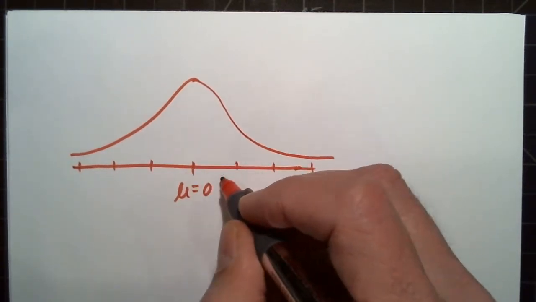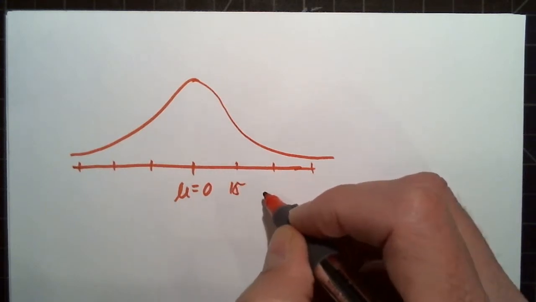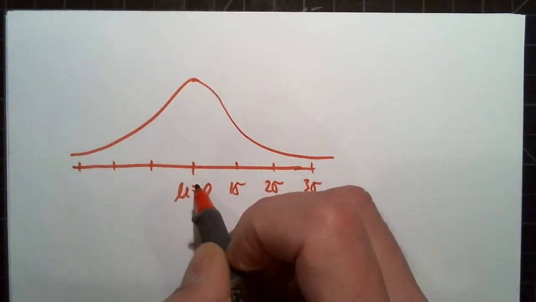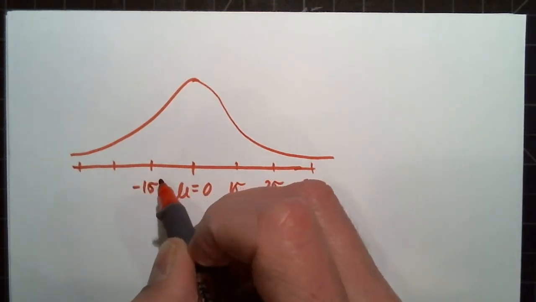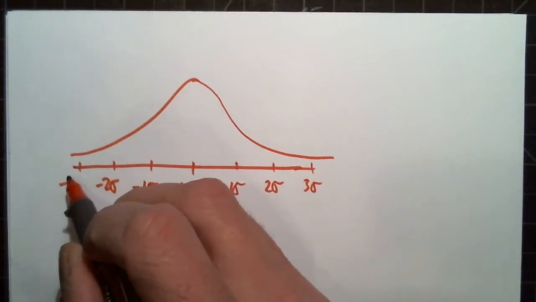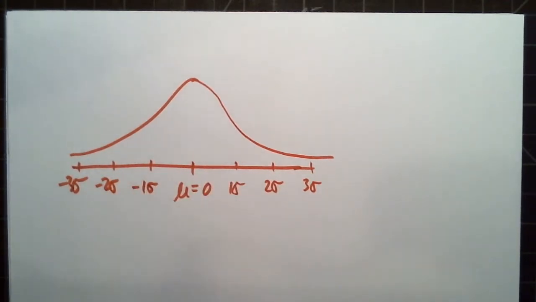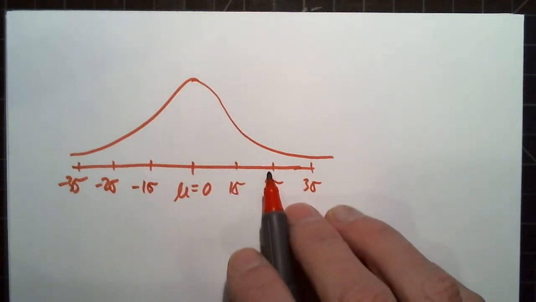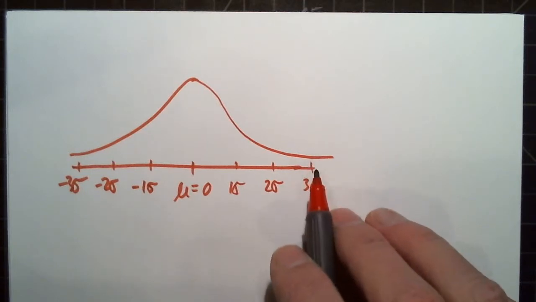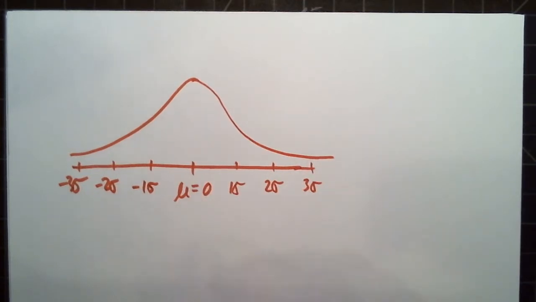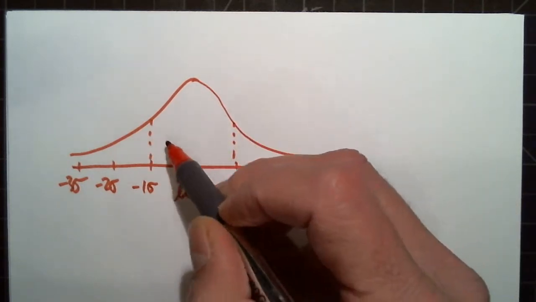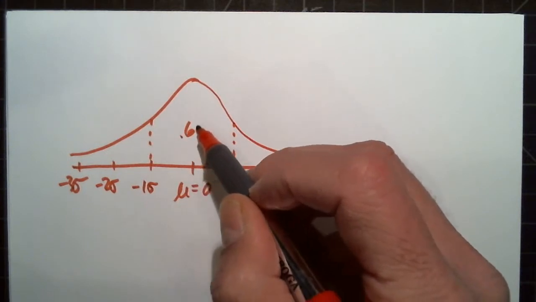So we're going to go the mean plus 1 standard deviation, or 2 standard deviations, or 3 standard deviations. We could go down 1 standard deviation, or down 2 standard deviations. The further we get away, the lower the probability of being that far away from the mean. And the empirical rule tells us that this area is approximately 0.68.